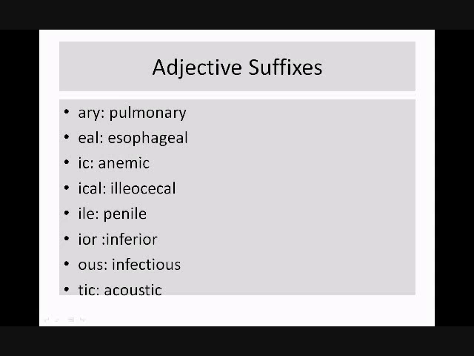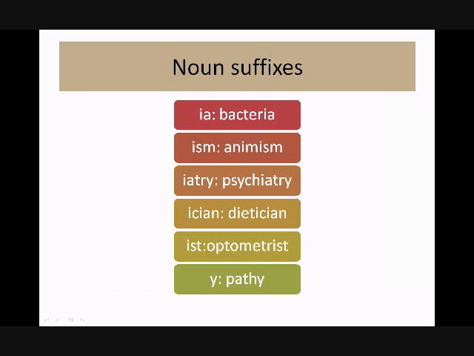Ile, penile. Ior, as in inferior or superior. Also ious, as in infectious. Ous and us, these are some of the biggest suffixes that you're going to see. Tic, as in acoustic. So those are some adjective suffixes.